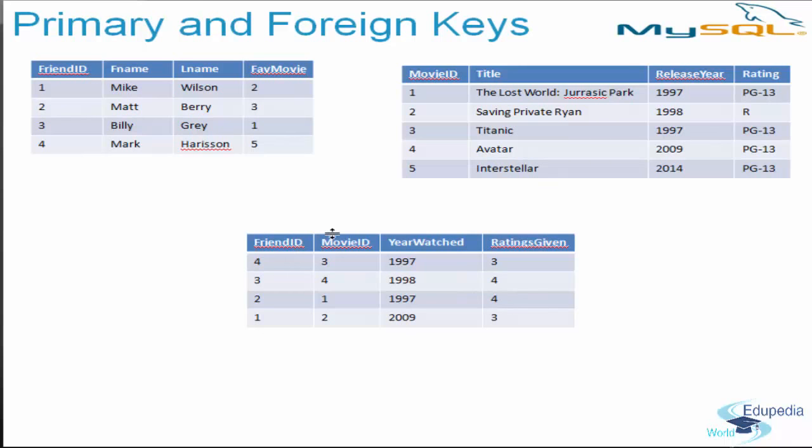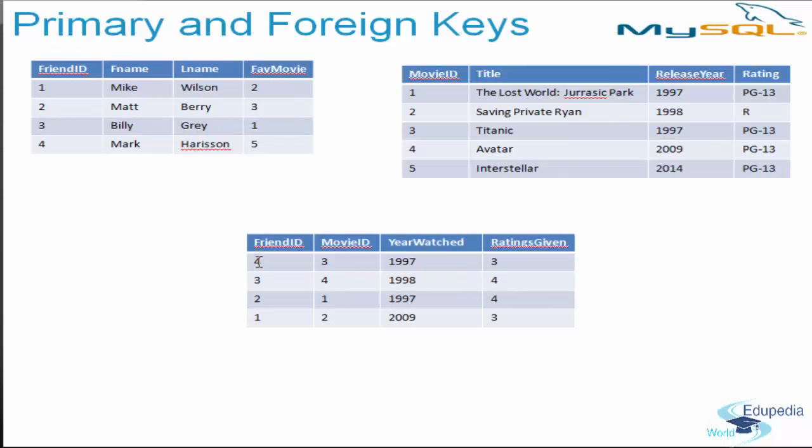Here we are referencing which year they watched and what rating they have given. We will understand more of this in the coming sessions where we'll be learning about joins and other things. But at this point, just remember what a foreign key is and how we can use the combination of two keys to make them the primary key for a third table.